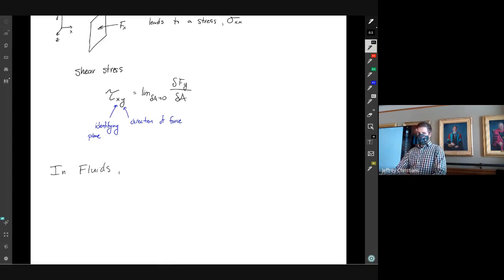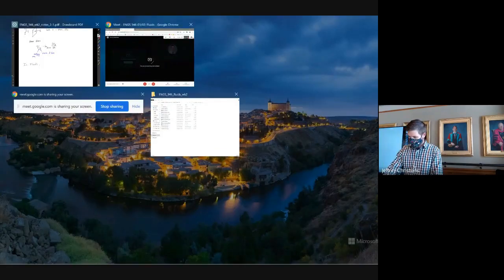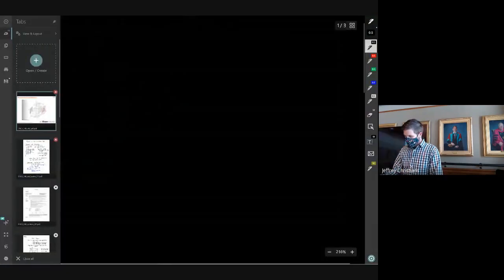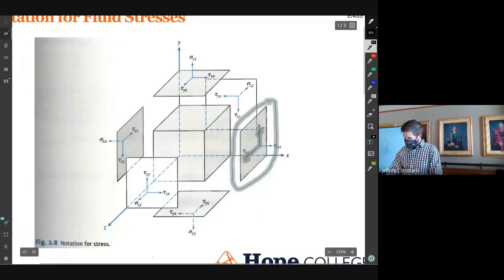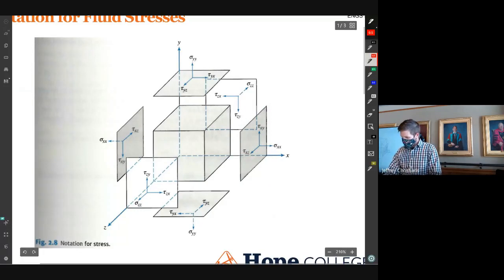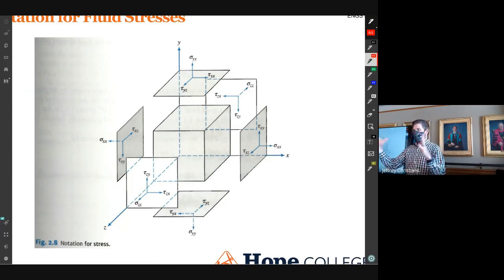The two types of stresses are fundamentally different. If you think about a normal stress, you're talking about something at the surface, which is either a compression or kind of an expansion, like pushing in or squeezing in.